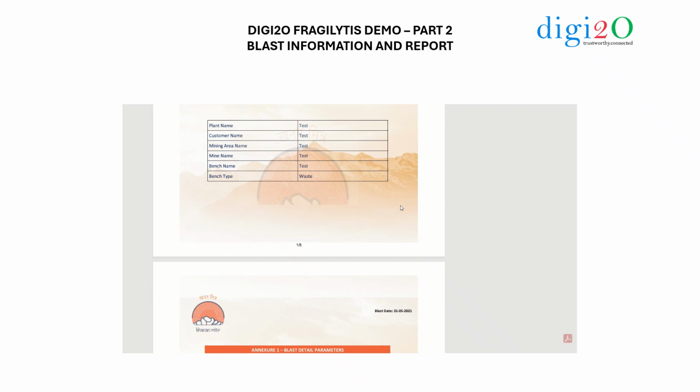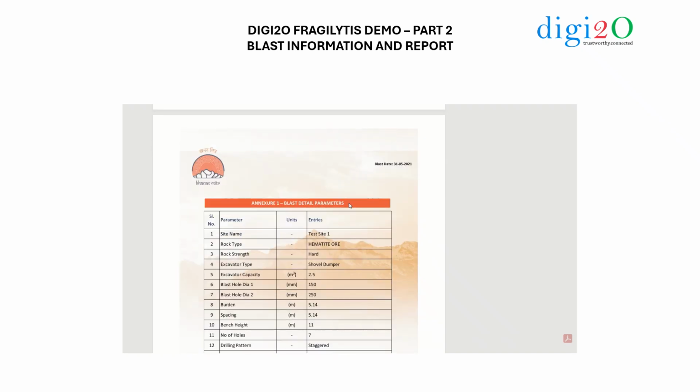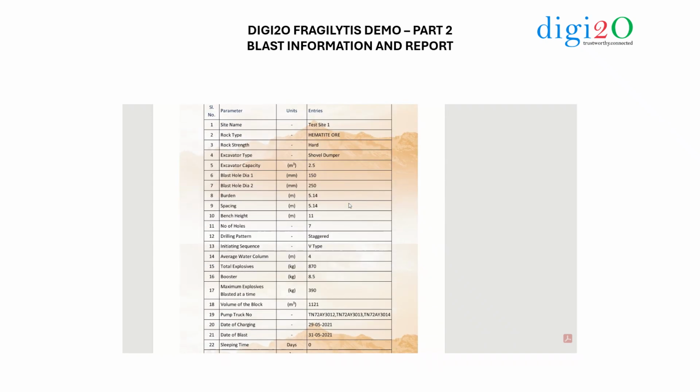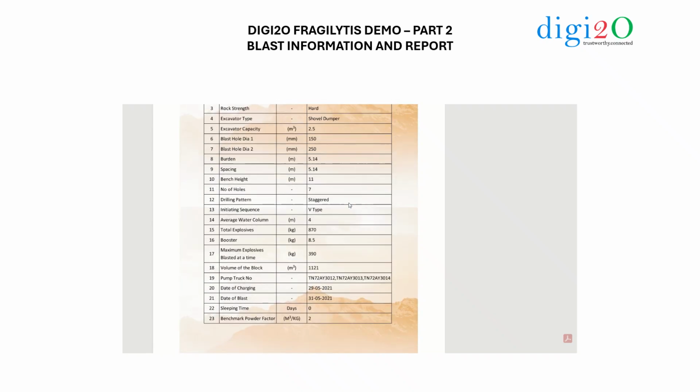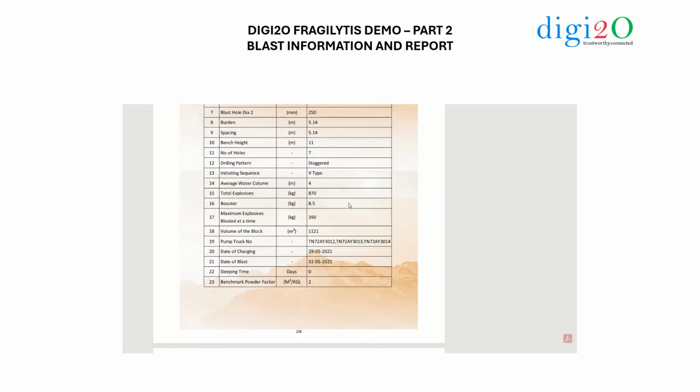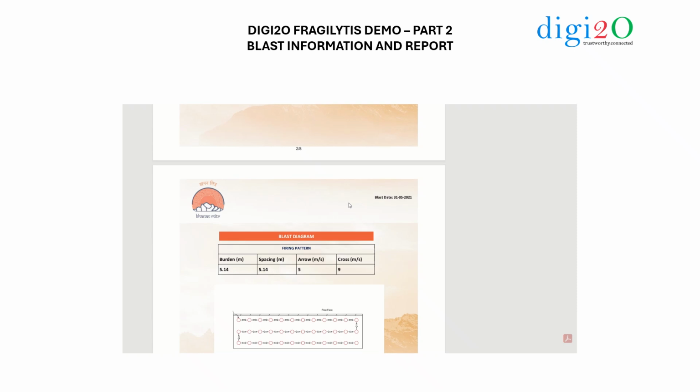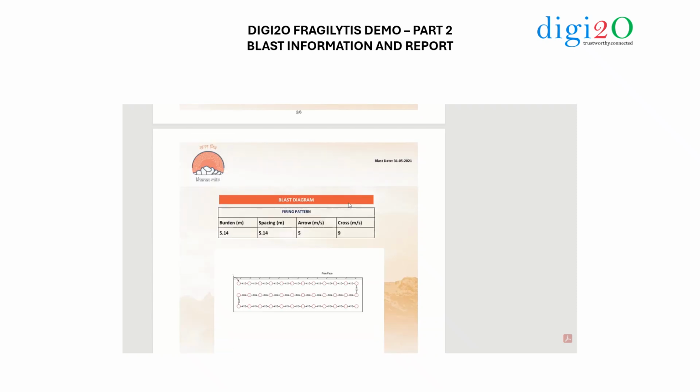Now, as you can see, the report has at the top a table which gives the details of where the blast took place. And then you can see all the blast detail parameters that were entered as the pre-blast info.